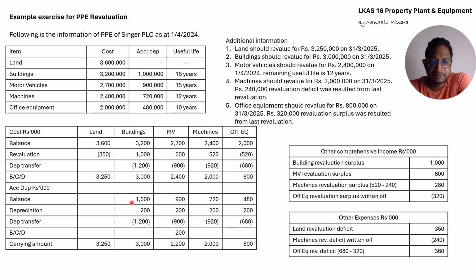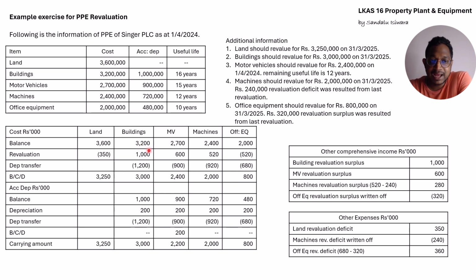Here the opening accumulated depreciation of buildings is 1000 and the current year depreciation is 200. Total 1200, you should transfer from the accumulated depreciation to the buildings cost account. Then you can find out the carrying amount.